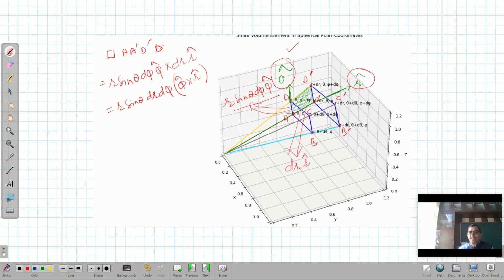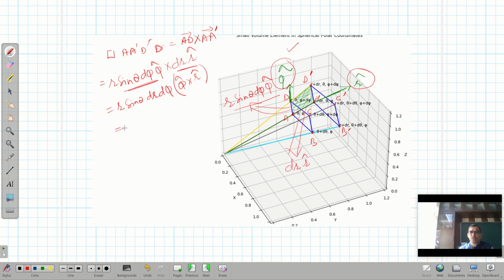So this area A prime, D prime and D is basically AD vector cross AA prime vector. And these are their values which I have substituted.